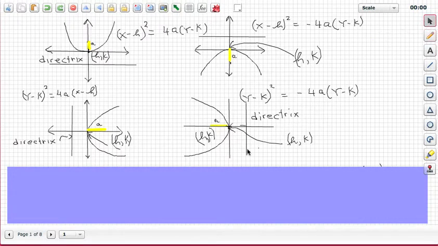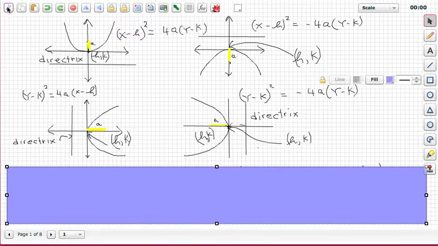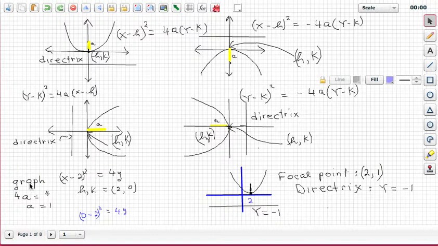Let's go ahead and look at a typical problem. If you're asked to graph (x - 2)² is equal to 4y, you can match this to one of the general equations, and I think you want to match it to this one, and you know k is 0, and x minus 2, h is 2, so you can immediately get your vertex value, which is (2, 0). You also know that 4a is equal to 4.